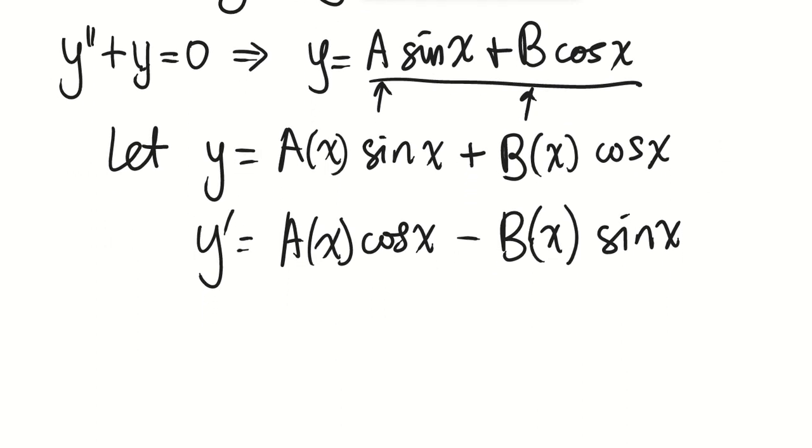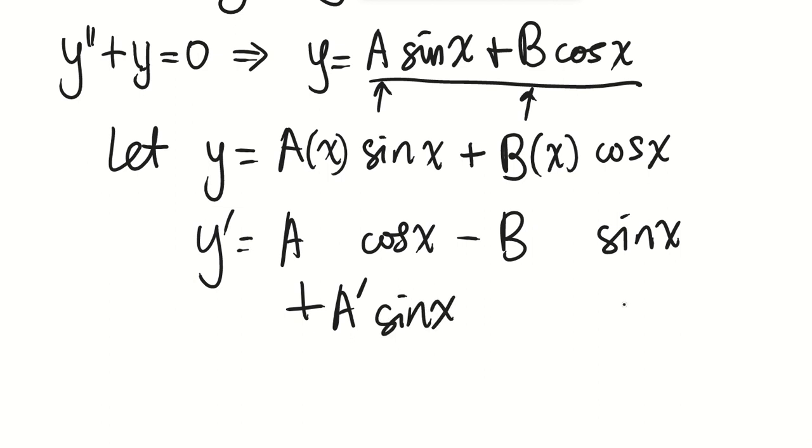There is also the extra term of a prime. I will not write the x anymore because it will be quite messy. You just have to remember that a and b are also functions. Plus a prime sine x plus b prime cos x.